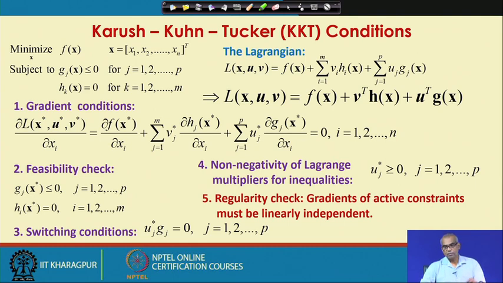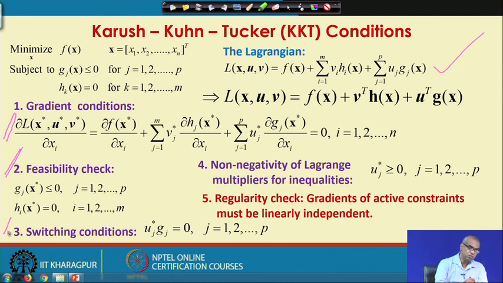So, if you look at it, we have basically combined the optimality criteria for the equality constraint optimization problem and the alternate form that we talked about for the inequality constraint optimization problem. So, we first formulate the Lagrangian function, then the gradient condition del L del x_i equal to 0, then you check feasibility, all inequality constraints and equality constraints must be satisfied.